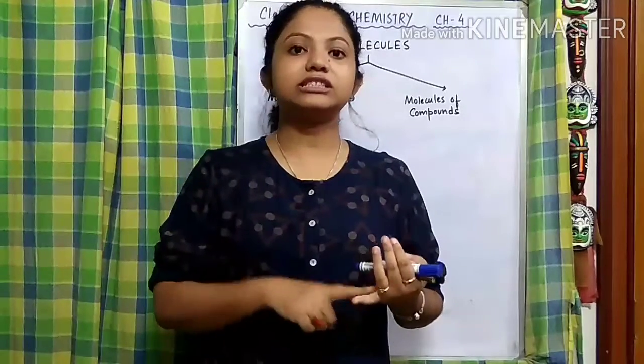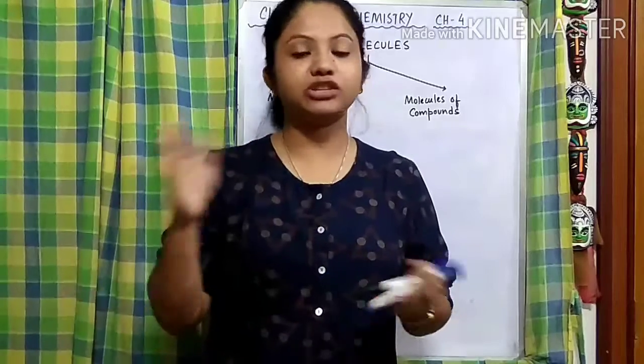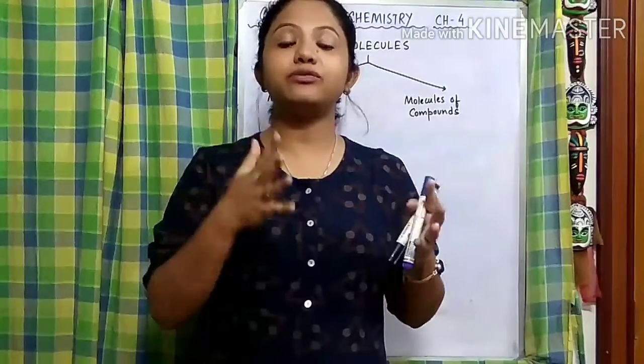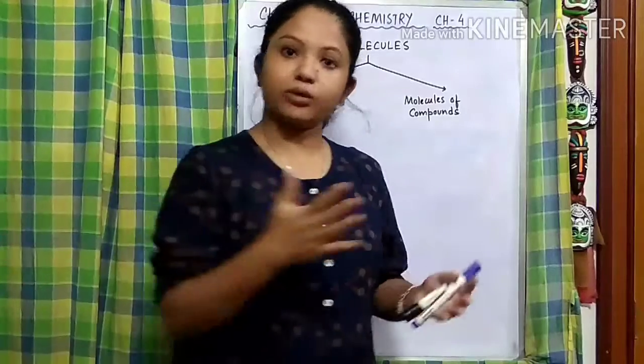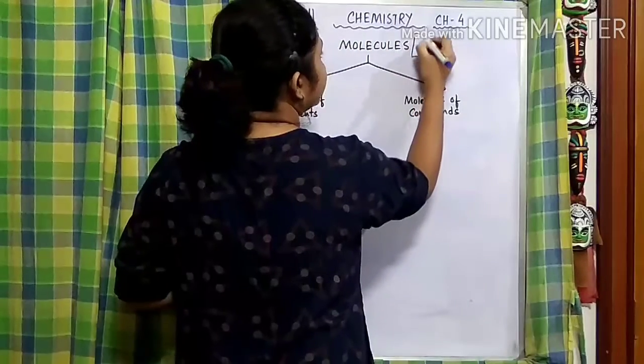So how can we state a molecule? A molecule is the smallest particle of an element or a compound, or rather a substance, which can exist freely in nature and will contain all of the properties of the said substance. Okay, so let's write it down. Molecule, what are the properties?